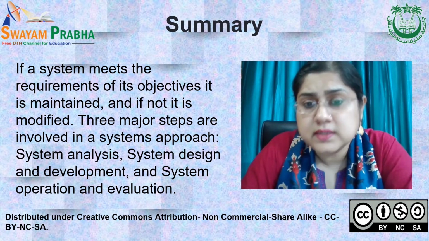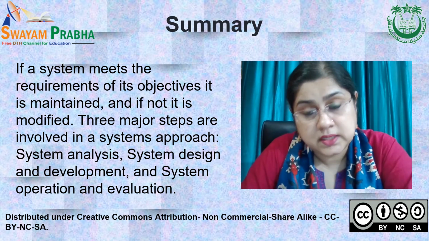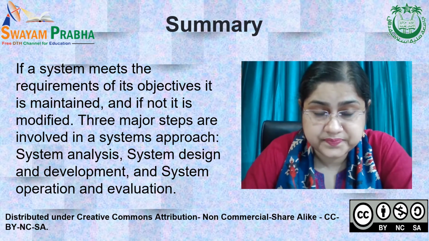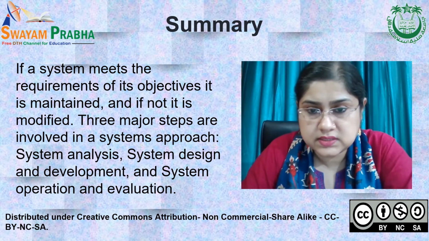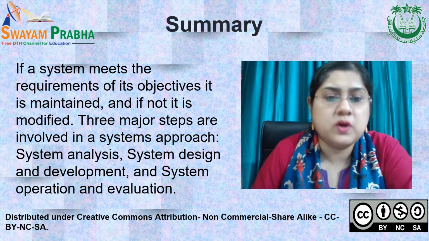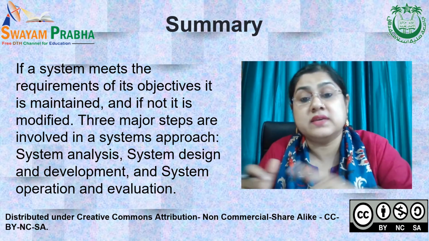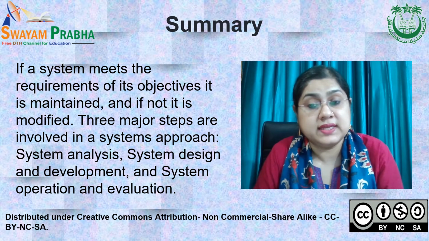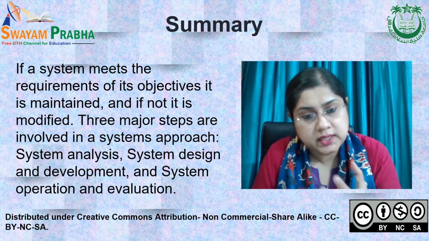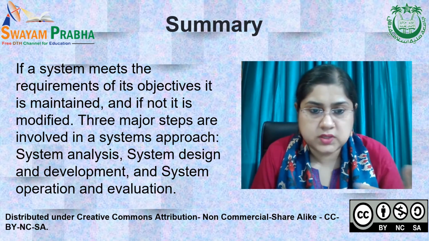The third and the final step is related to systems operation and evaluation. What exactly does it do? This is the final step. So here the actual operation of the system and its evaluation for providing the necessary feedback is done. This is the operational step.